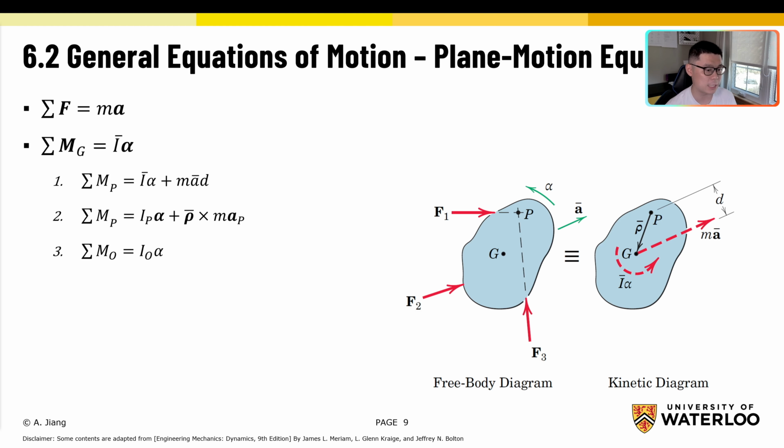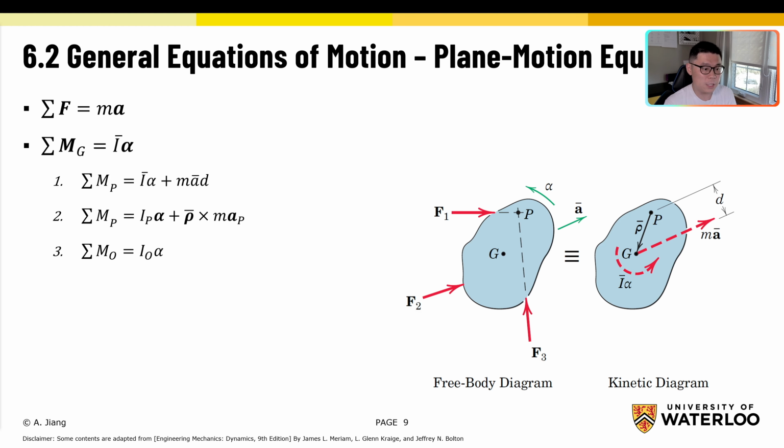Lastly, in equation number 3, when the particular point P is chosen to be at the mass center G, then we will call that point O instead of P, right? But remember, either O or P, this is essentially just a point that we are interested in. If you want, you can call them any letter.